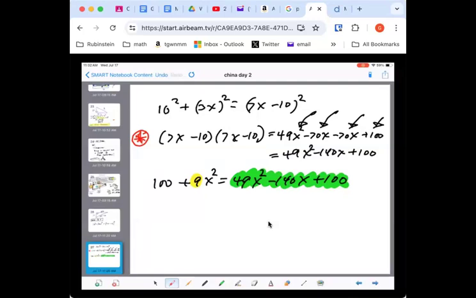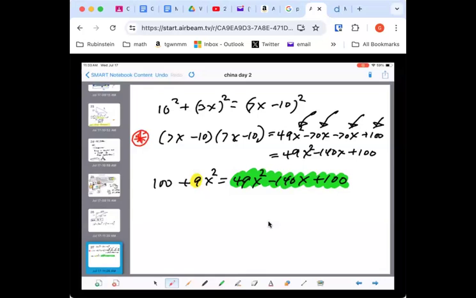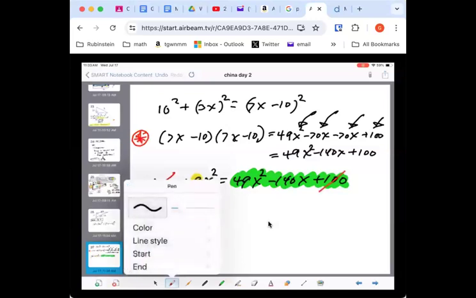Now, this is a funny question because usually the x squares cancel out, but not this time. But something else cancels out. What happens this time? You can type it into the chat. This is the first time that the x squares didn't just cancel out, but the hundreds cancel out. Something better cancel out, because these questions would be really hard if nothing canceled out.